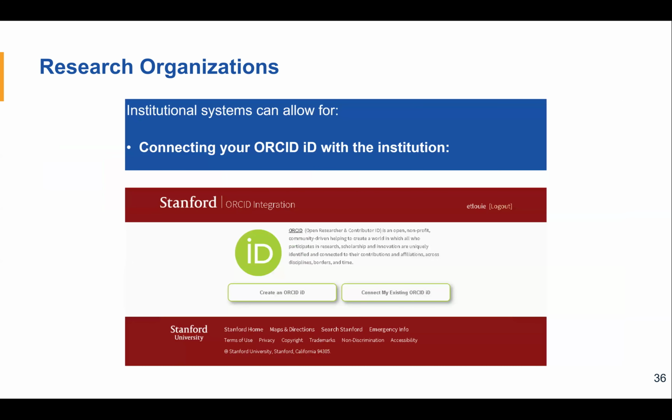Similarly to funders and publishers, institutional systems can allow you to connect your ORCID ID with the organization or the institution. The example that you are seeing here is from Stanford University, where researchers can connect their ORCID ID with their Stanford ID in order to allow information to flow between their ORCID record and Stanford systems.